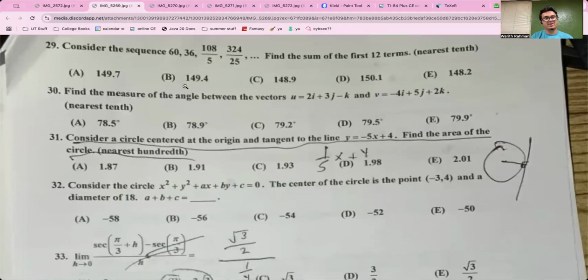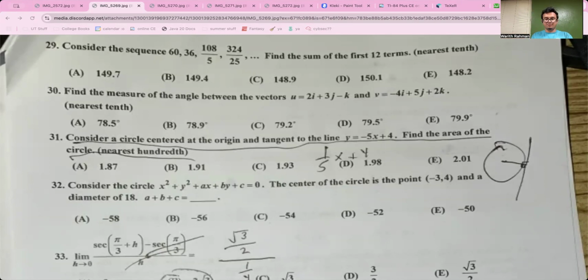Whatever. Okay. 30, find the measure of the angle between these two vectors. I did explain dot products earlier, so I will just run through this really briefly. Take the dot product of these vectors. So 2 times -4 is -8. 3 times 5 is 15. -1 times 2 is -2. So this is just 5. Yeah, 5. I don't know why that took me so long. I'm washed.